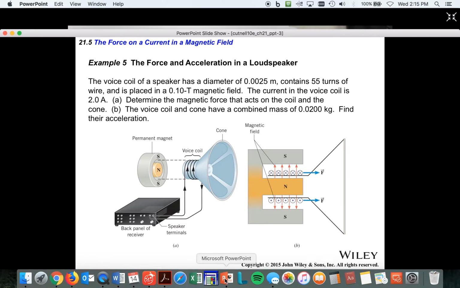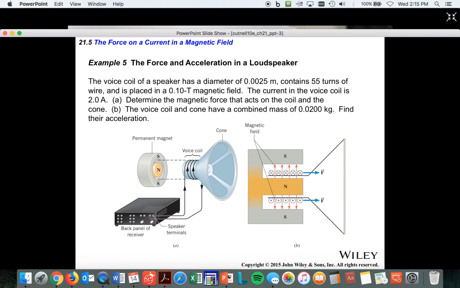Okay, here we go. The voice coil of a speaker. Notice magnetic field going in. It's because we flipped the poles here. So the force, boom, boom, boom, boom. Push that. The voice coil has a diameter of 0.0025 meters and contains 50 turns of wire and is placed in a 0.1 tesla field.